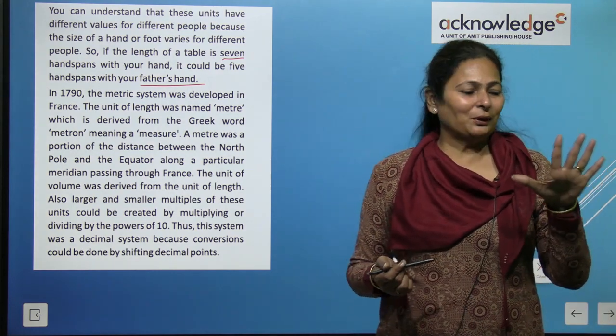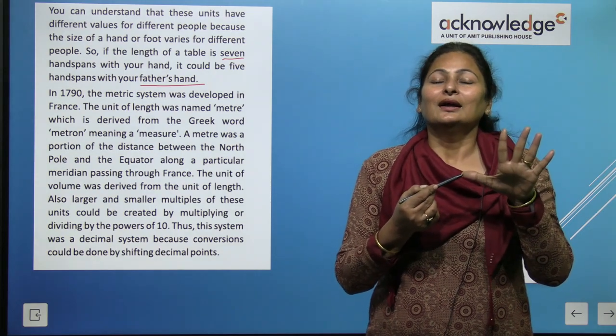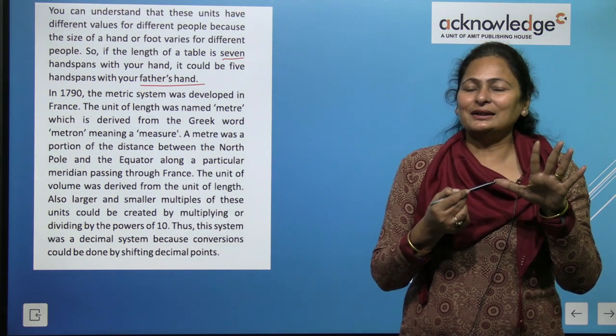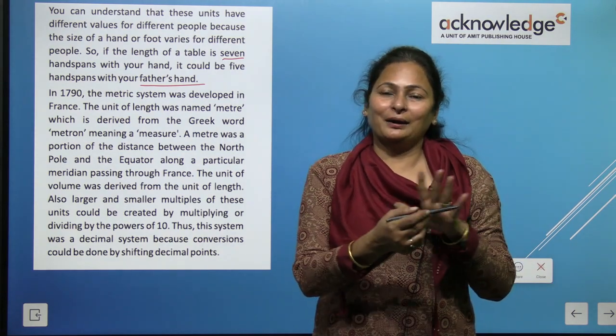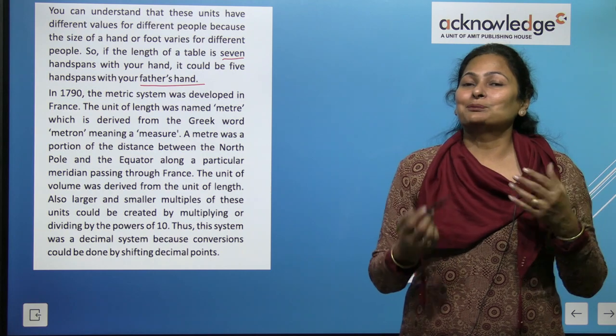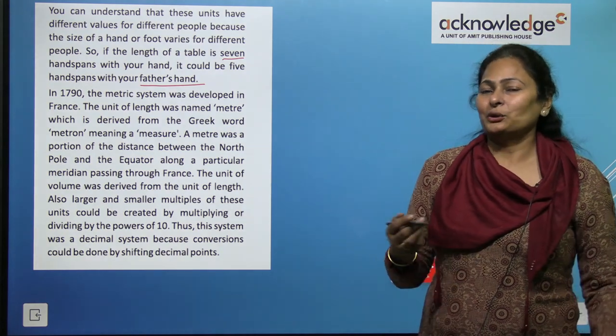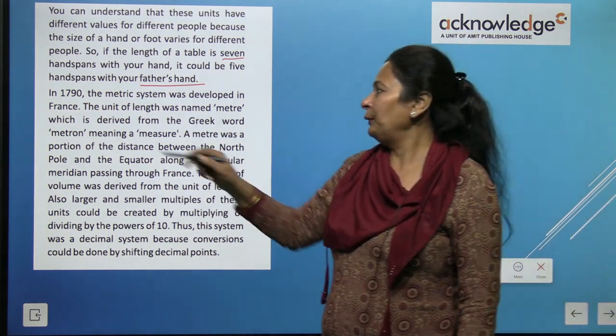So it depends on the size of the hand, but this can again vary. If you are taller than your father, then maybe your hand span is bigger than his, right? So it varies from person to person.